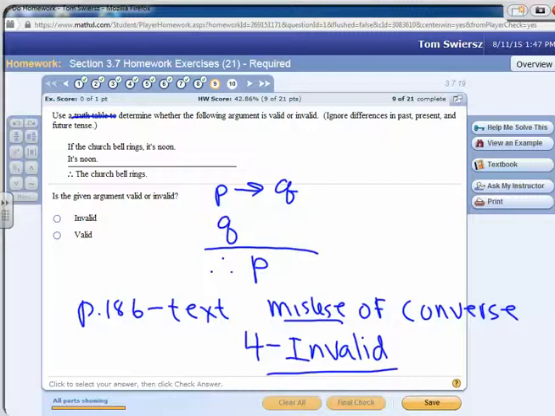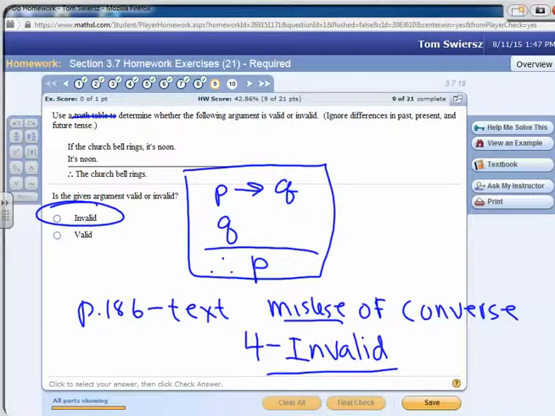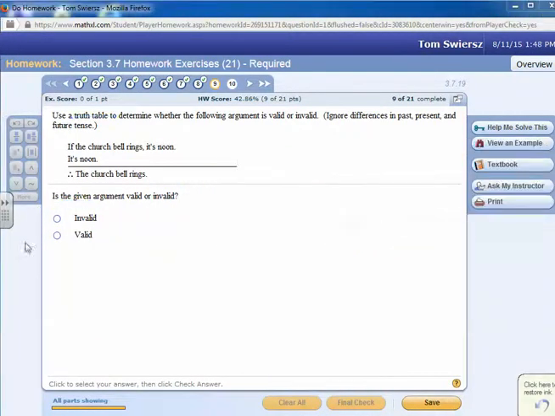So it matches one of the 4 invalid arguments exactly, so we know definitely the argument is invalid. You really don't have to do a truth table on this one. You can just match it to one of the invalids on page 186 of the textbook, and so you definitely know the argument is invalid.